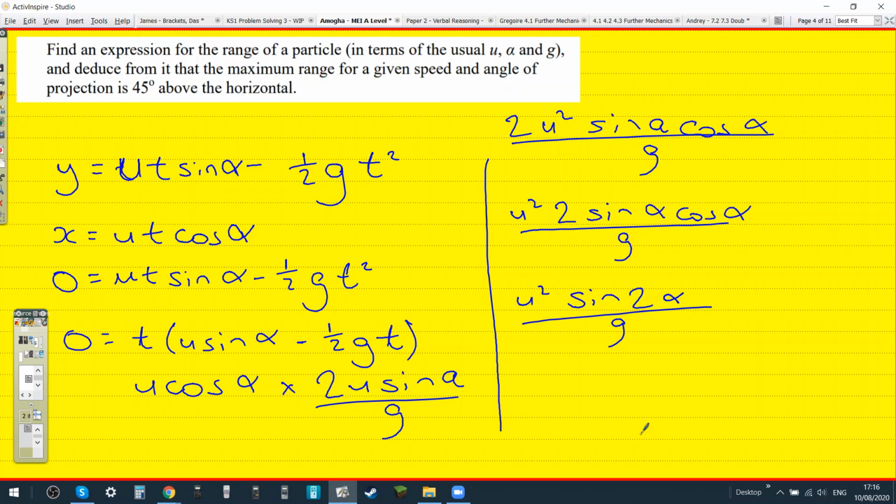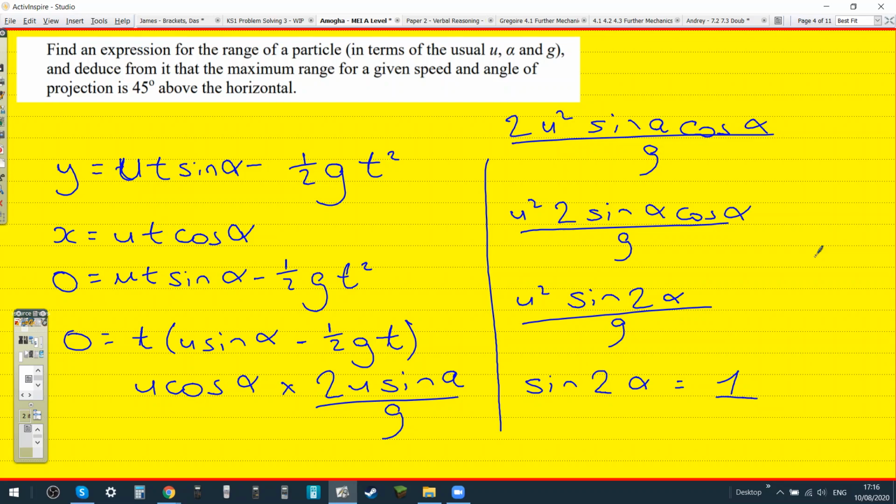So this is u squared sine 2 alpha over g. The maximum u squared over g. Sine 2 alpha equals 1. How does sine 2 alpha equal 1?